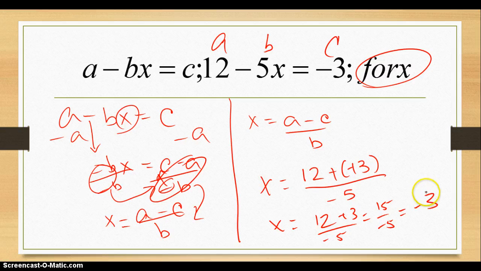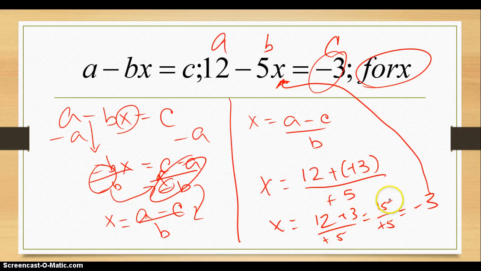So I got negative 3 here. Now when I plug negative 3 into the equation, I noticed I did something wrong, because minus 5 times negative 3 would be 12 plus 15, which would not give me negative 3. So I need to go back and change this to a plus 5.